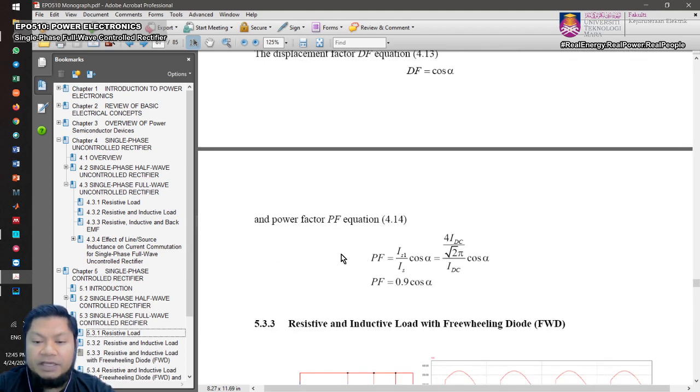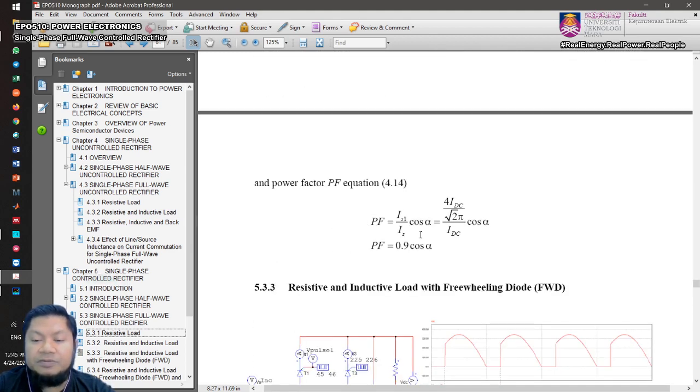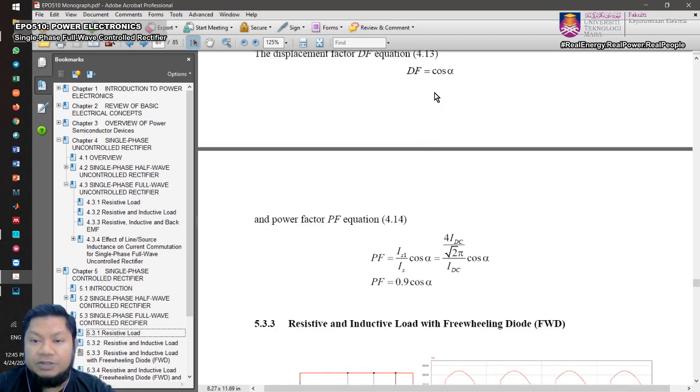And then the power factor now becomes, so you have to substitute the displacement factor that you have before, and therefore you have Is1 over Is times cos alpha. That will give you the value of 0.9, and therefore the power factor actually depends on cos alpha.